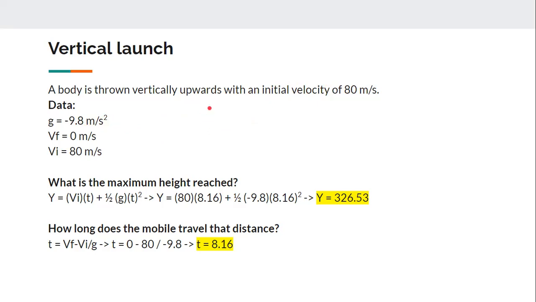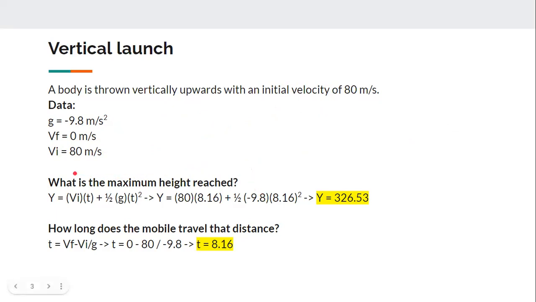So it would affect negatively the operation. The final velocity in this case is 0 because when it comes back to the starting point, it will have a velocity of 0 meters per second. And we know that the initial velocity is 80 meters per second because of the information given to us.